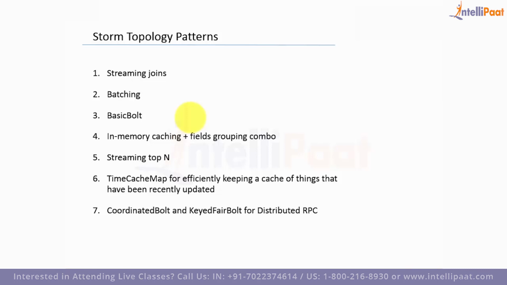The fourth one is the in-memory caching plus fields grouping combo. The fifth one is streaming top n. The sixth one is time cache map, for efficiently keeping a cache of the things that have been recently updated. And the seventh one can be coordinated bolt and keyed fair bolt for distributed RPC. Let's discuss these topology patterns in a nutshell.